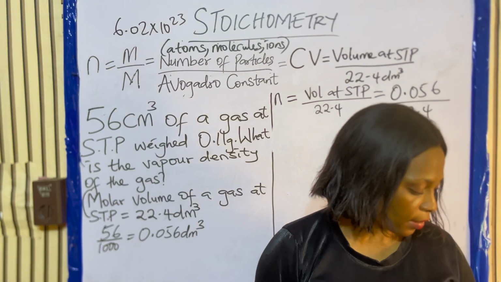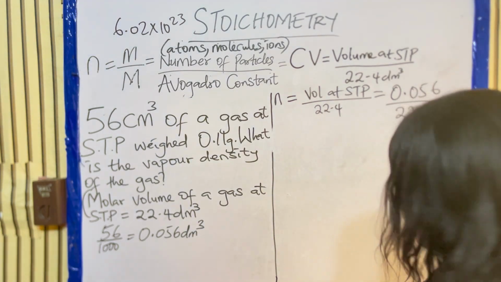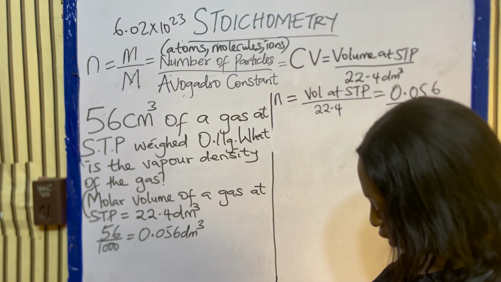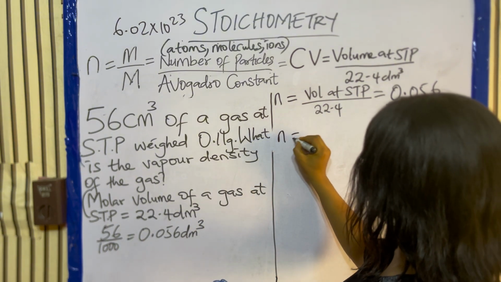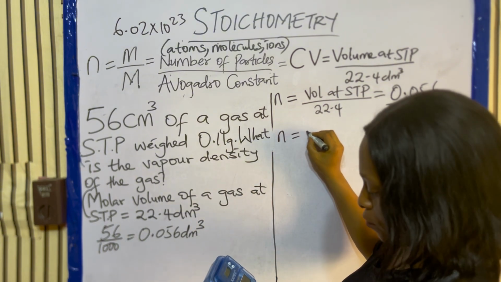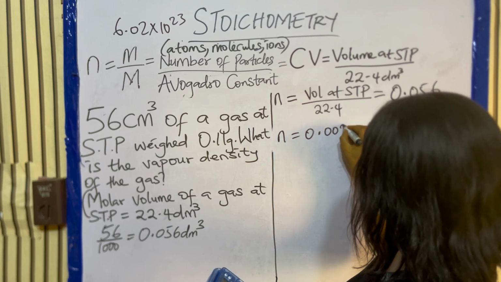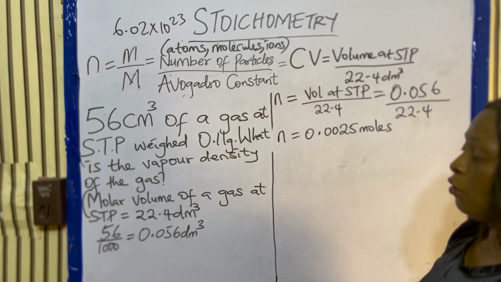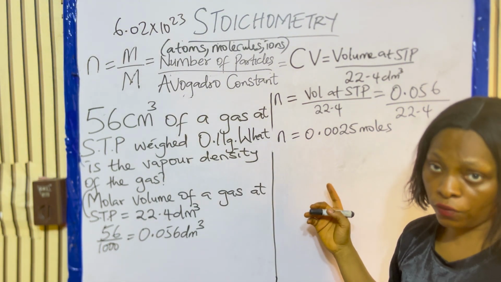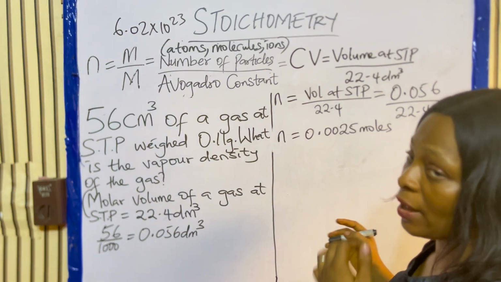So we are going to press our calculator and that will be 0.056 divided by 22.4, and number of mole will give us 0.0025 moles. So we've been able to get our number of moles now, but that's not what we are asked to find.